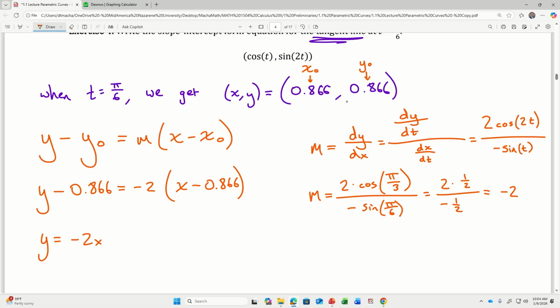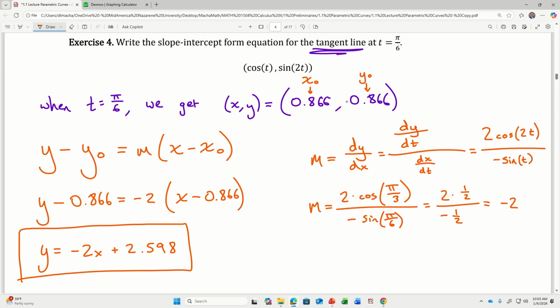And then plus, because 2 negatives make a positive, plus 2 times 0.866 plus another 0.866 from the left side of the equation makes something like 2.598. That's what we're looking for. That is the slope-intercept form for the tangent line there.